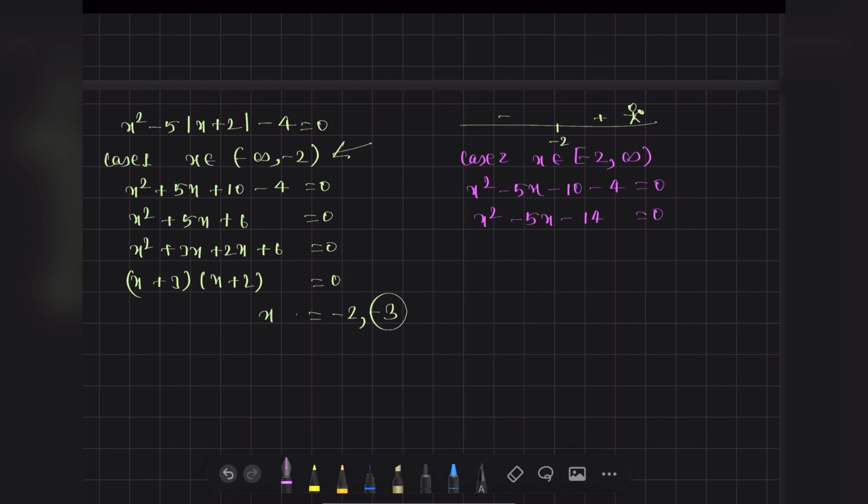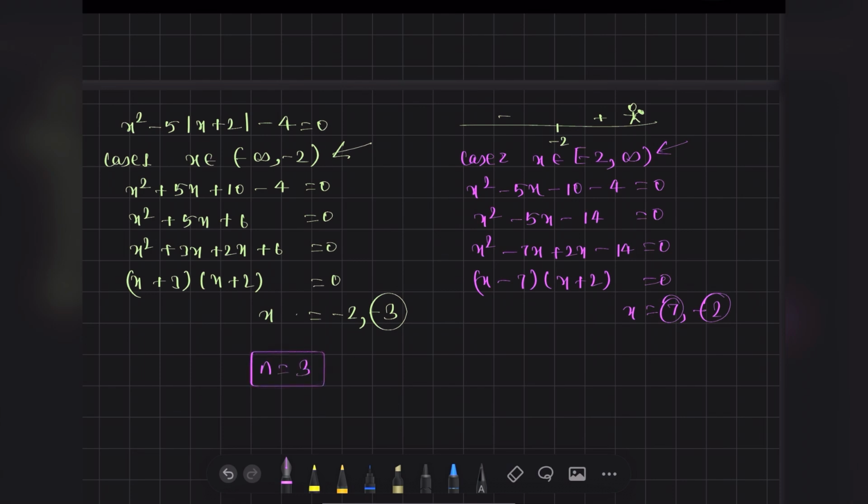Now again you can apply splitting the middle term. It is 14, so 7 and 2, and 7 and 2 can make 5. x square minus 7x plus 2x minus 14 equals 0. x minus 7 and x plus 2. So x is equal to 7 and minus 2, and 7 is in this region and minus 2 is also in that region. So we have 3 zeros in this case. So n is equal to 3.